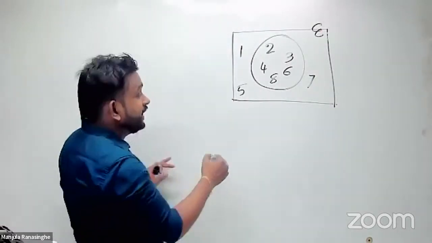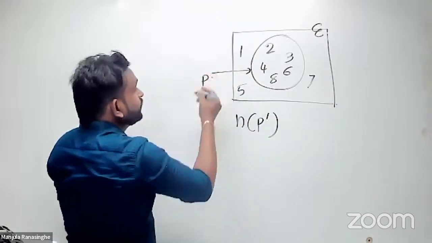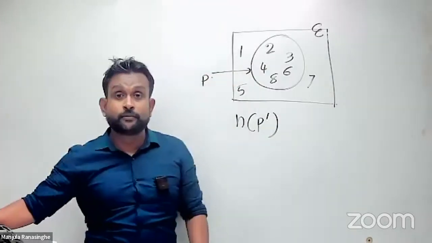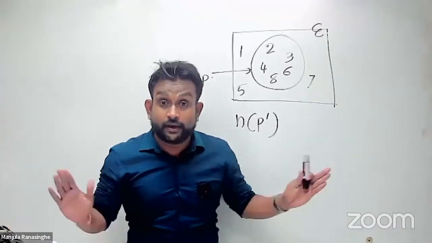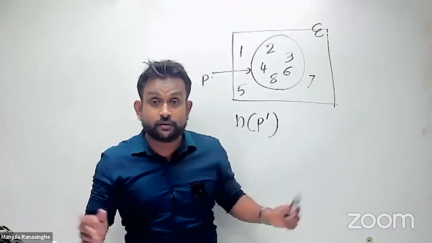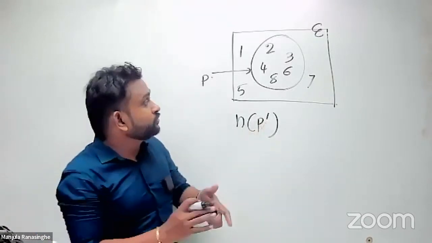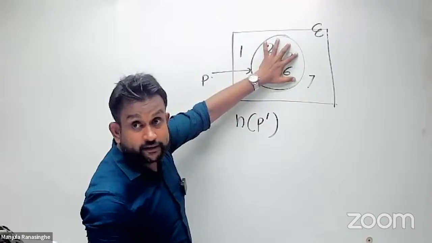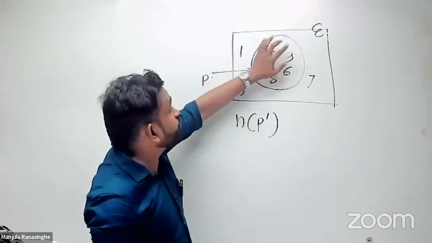They are asking to find n(P dash). That is the set P. Simplest meaning: P dash means complement of P, that means except P, without P. So without P means right outside the elements.